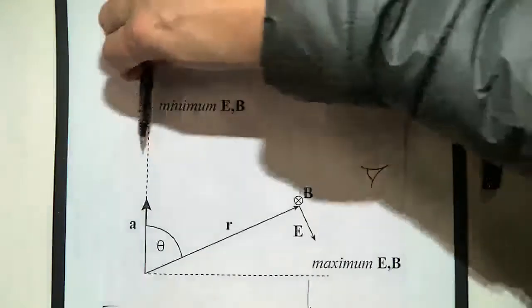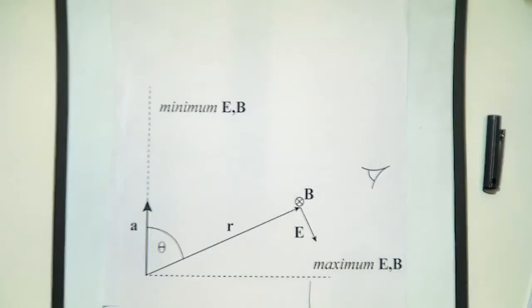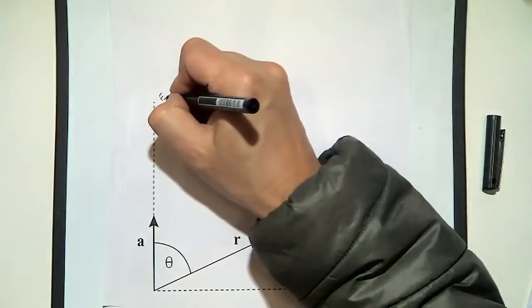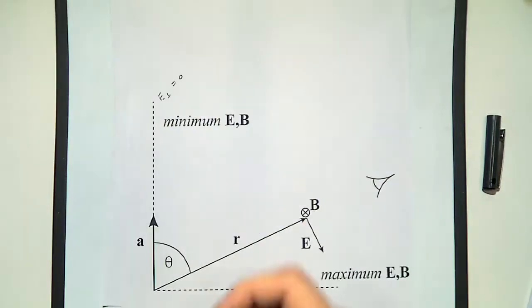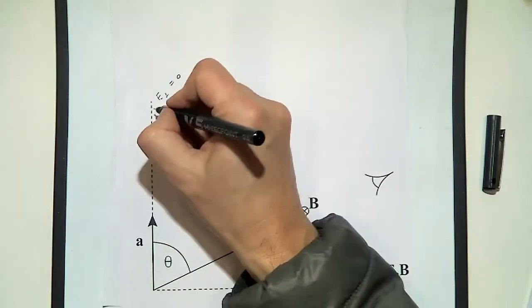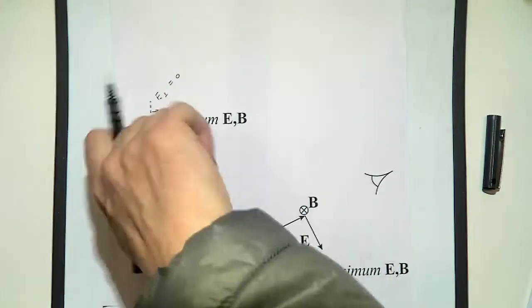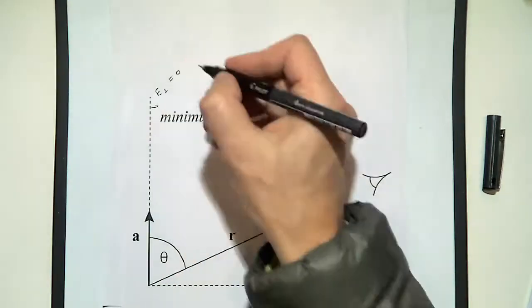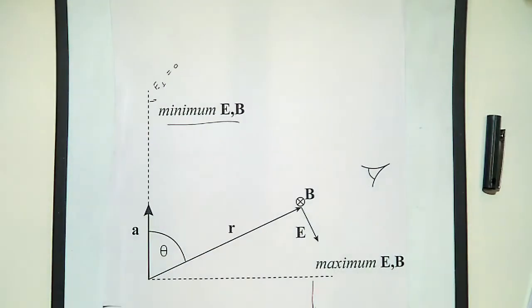When I look down here, looking along the direction of acceleration, I see E perpendicular equals 0. Okay? So the electric field would be pointing sort of this way if it's slightly to that side, but the other way if slightly to the other side. There must be a 0 there, right? So this must be the minimum electric and magnetic field. There is no radiation along the direction of acceleration. You only see radiation transverse to the acceleration. So that must be a very important statement. Okay?